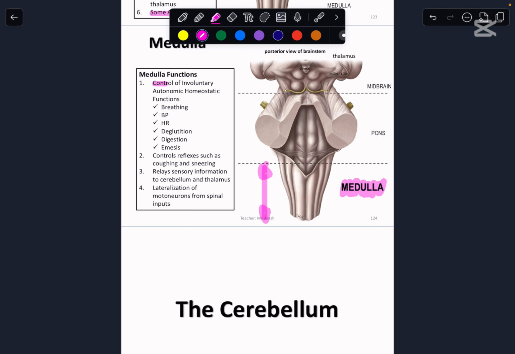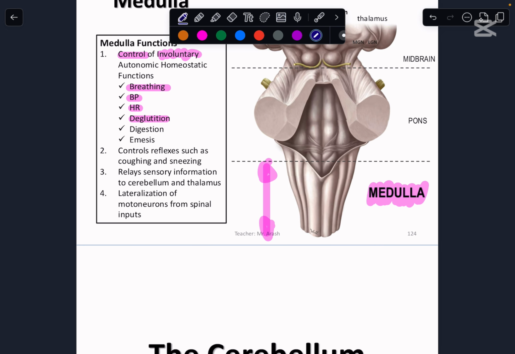So this is the control of involuntary functions. That's breathing, blood pressure, heart rate, deglutition, that's swallowing. Deglutition, the technical term for swallowing, digestion, emesis, which means vomiting.